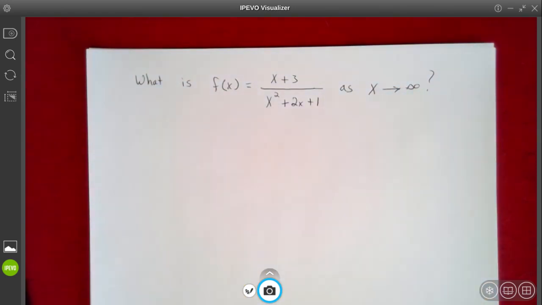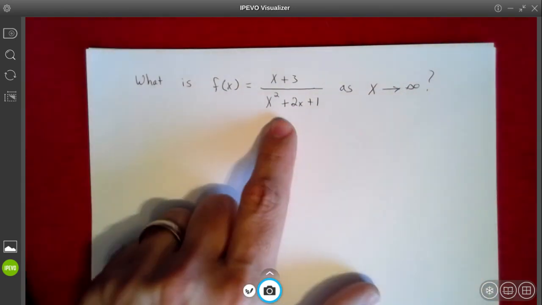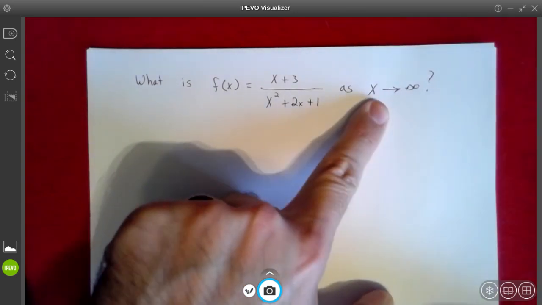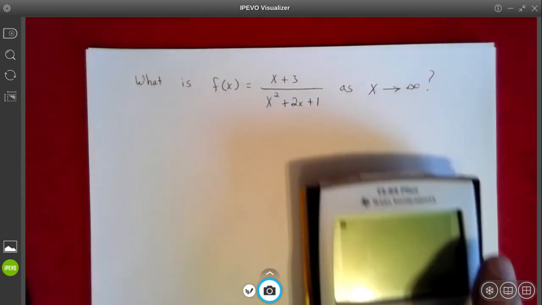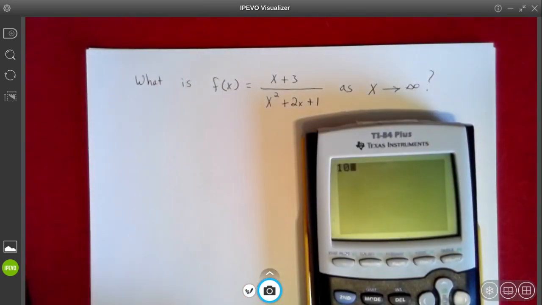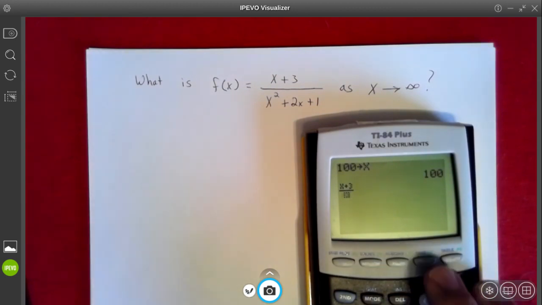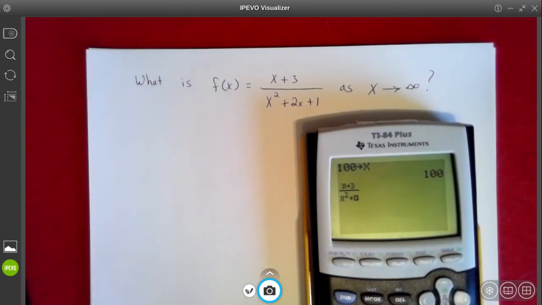Okay. So, I'm wanting to know what happens to this thing as x gets really large. That's what this means. So let me just plug in 100 for x, just some number. You could do 1,000,000 for x if you wanted to. All right. And if we type in this function, we just want to see what kind of outputs we are going to get as x gets bigger and bigger positive?